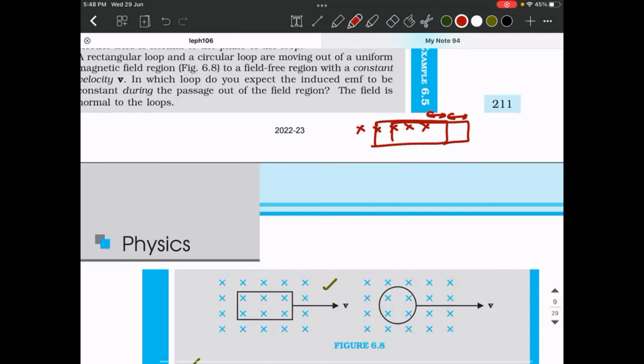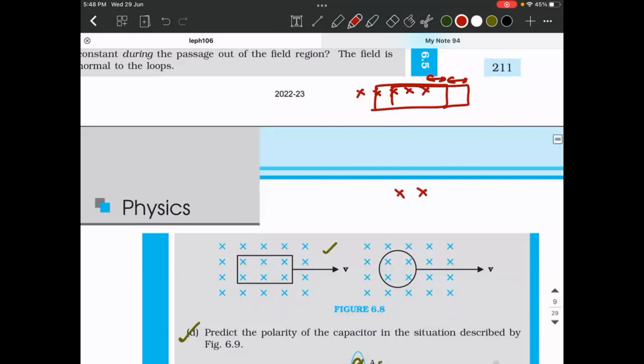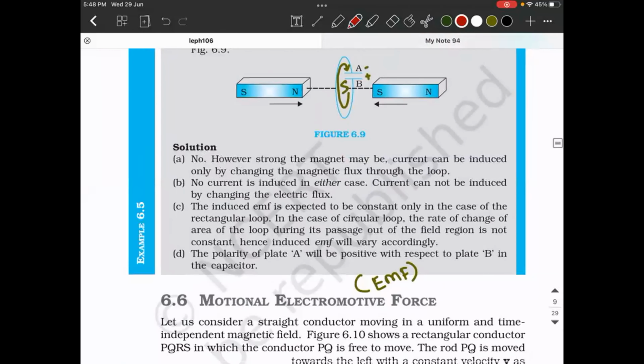Whereas in the case of a circle, some portion would have come out, in the second case, more portion would have come out, and in the third case, the whole circle would have come out. So the curvature will have different lengths. Whereas when you talk about a rectangle, a specific area is what is coming out because of the constant velocity. Now from this, what you can understand is the induced EMF is going to be a constant in the case of a rectangular loop.